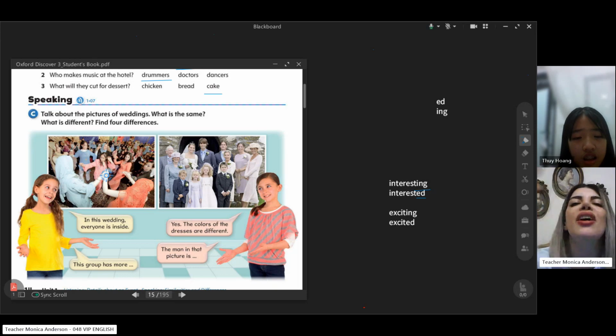So you say the colors of the dresses are different. Say, the colors of the dresses are different. Say again. The colors of the dresses are different. Very good.